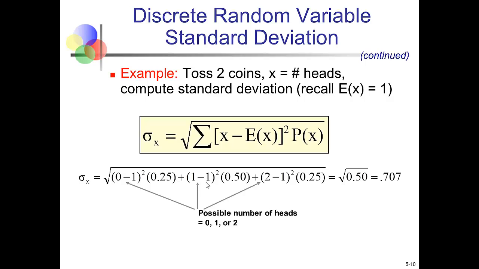Then 1 head could come up, minus the expected value of 1, square that and multiply by the probability of getting only 1 head. 2 possible heads minus the expected value of 1, square that, multiply by the probability of getting 2 heads. If we do some simplification here, we see the spread in this distribution is 0.707.